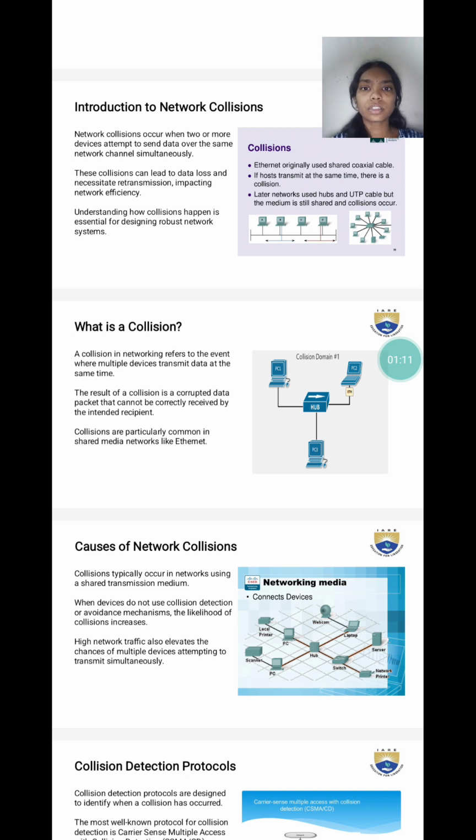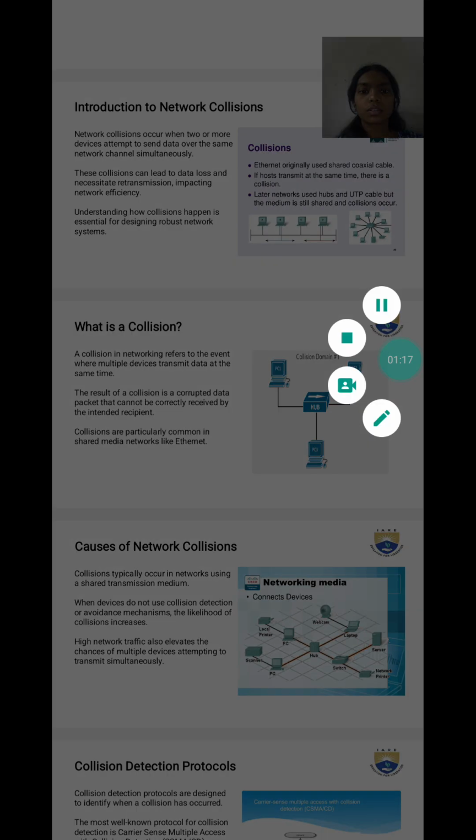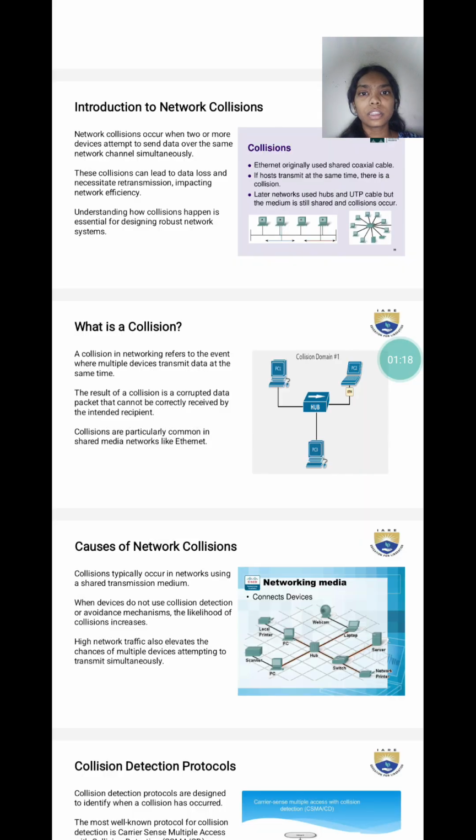Ethernet originally used a shared coaxial cable. If hosts transmit at the same time, there is a collision. Later, Ethernet used hubs and UTP cable, but the medium is still shared and collisions occur.